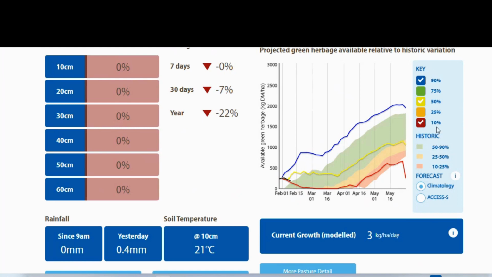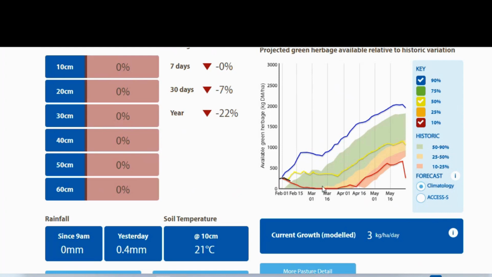Now, the lines are the forecast lines. These are drawn on the first of the month for each site. So this takes into account what the soil moisture and pasture was on the property on the 31st of January 2024, and then it uses historical weather data to draw this plume of potential pasture.